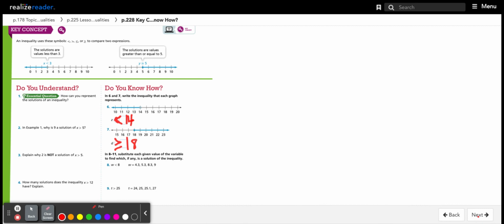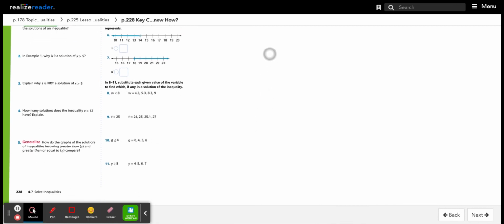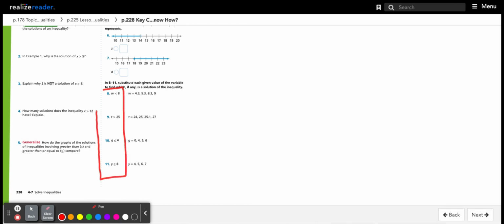Okay. So now you have graph paper. I want you to try number 8. We're just going to look at this part. Don't worry about the other part. So number 8, W is less than 8. So on your number line, you're going to find 8.